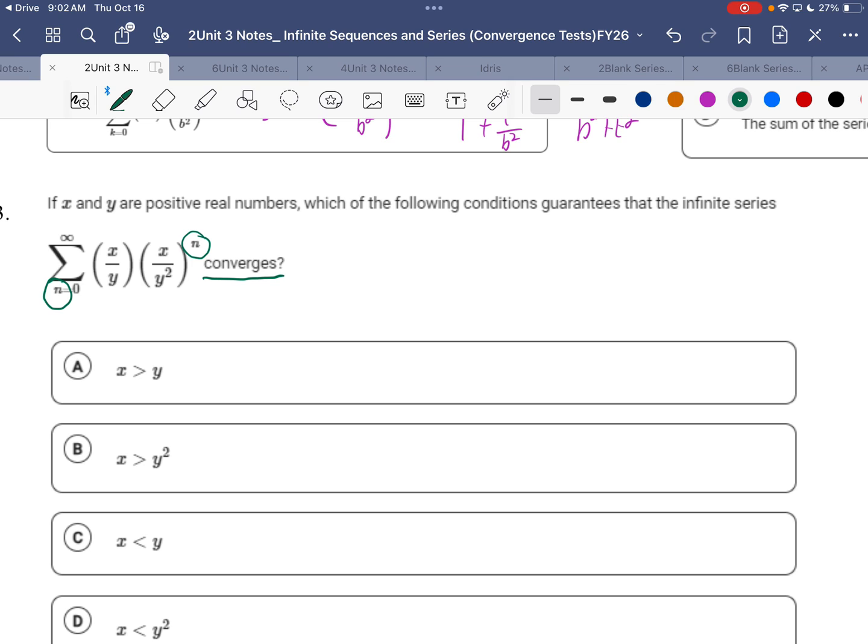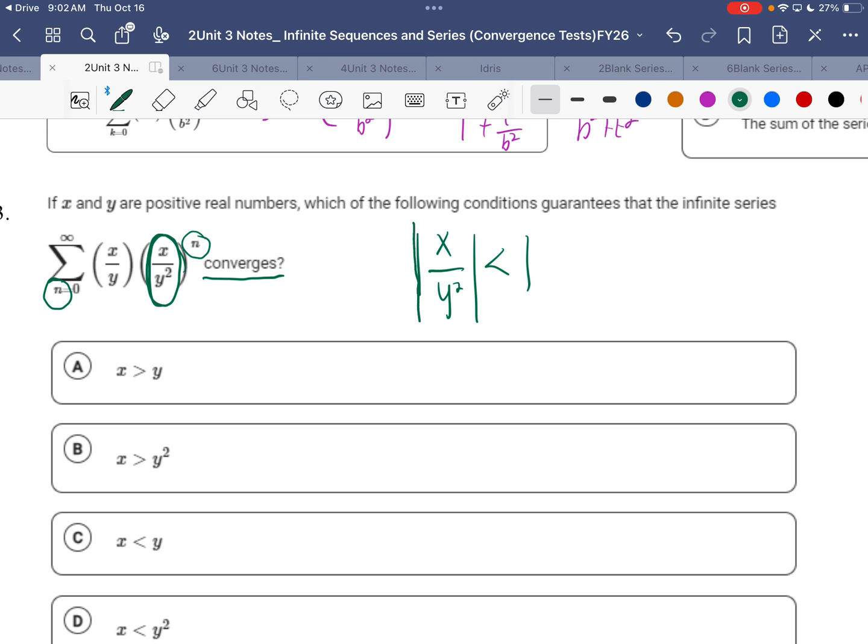So if it's geometric, we have to make sure the absolute value of the thing being raised to the n power is between 0 and 1. The less than 1 is the part that we have to figure out.